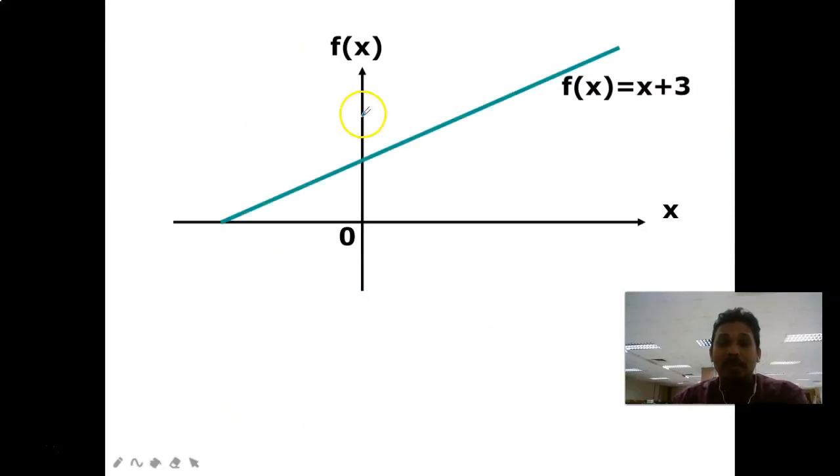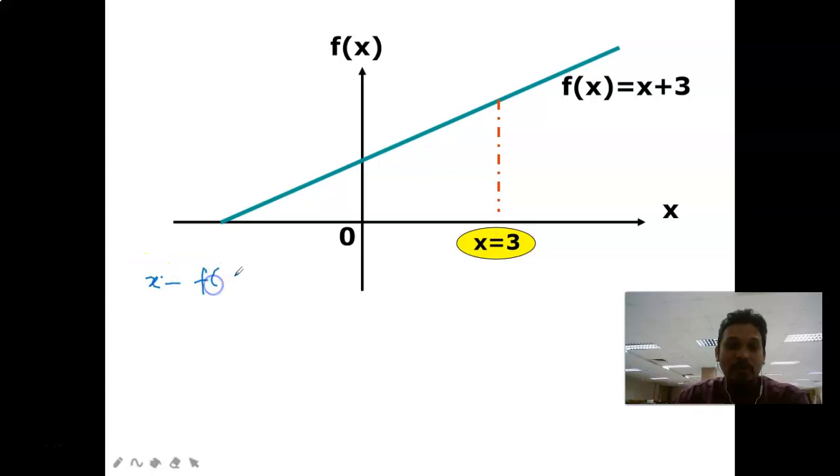Example: let's say x equals 3. As we know from the topic of functions, when we substitute x into the function f, it gives you the value of y.